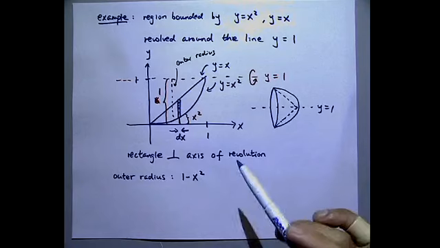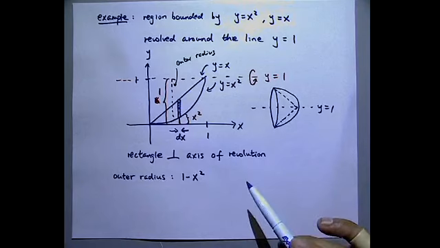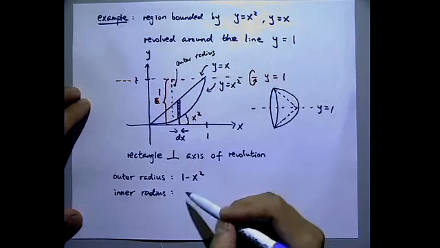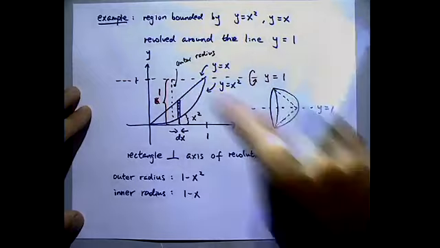Any question on how I got that? We're good? Good. Then what would the inner radius be? 1 minus x. Good. Once again, the big thing here, subtracting away the shorter segment here, which is x. From here to here is x.